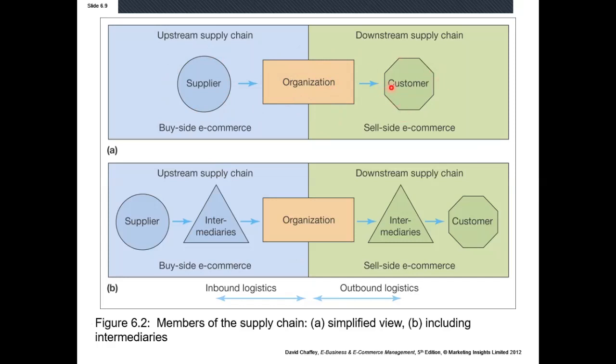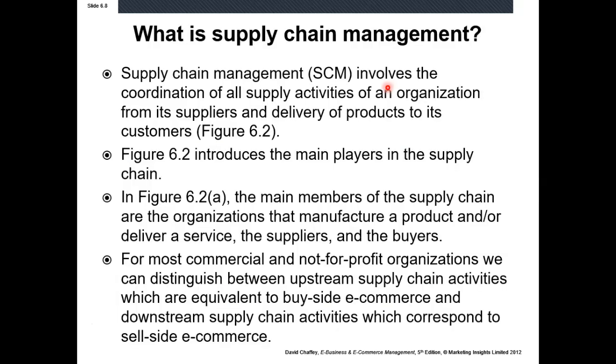or the customers, right? For most commercial and not-for-profit organizations, we can distinguish between upstream supply chain activities, which are equivalent to buy-side e-commerce, and downstream supply chain activities, which correspond to sell-side e-commerce, right? We have discussed this concept of buy-side and sell-side e-commerce earlier.